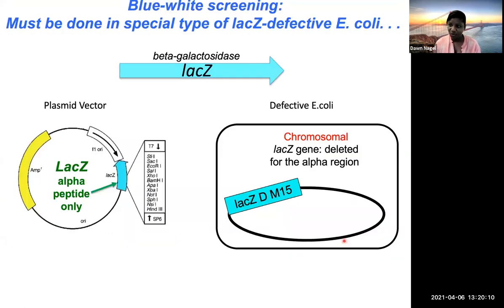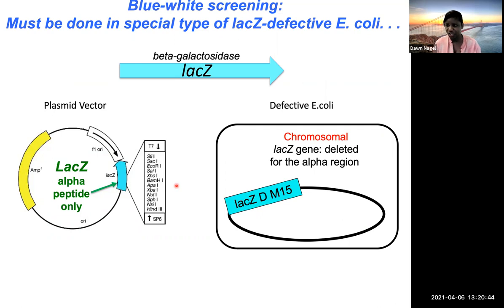So how does this blue-white screening work? Someone asked about the multi-cloning site. If you're referring to the multiple cloning site, as I mentioned, this multiple cloning site is really just a region on that plasmid that contains multiple restriction enzymes where you will cut and put your DNA in there.